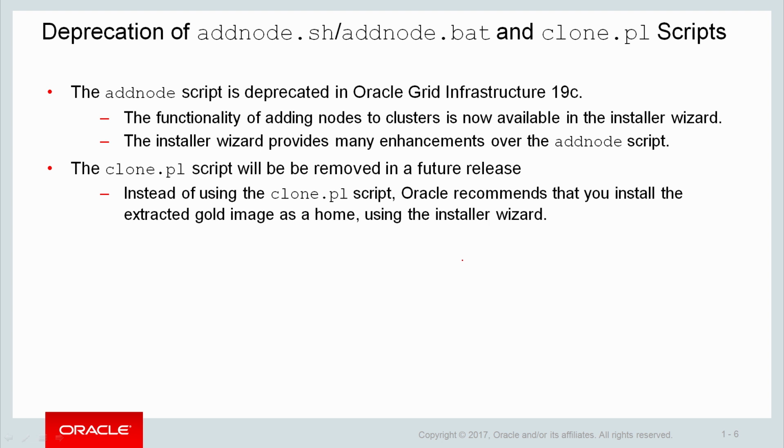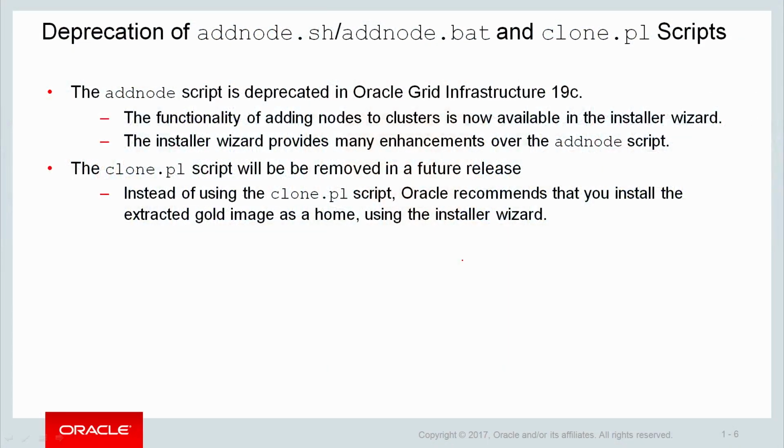Now the clone.pl script will also be removed in future releases. Clone.pl allowed you to create an image of your Oracle home and then copy that image to a new machine. Instead of using the clone.pl script, Oracle recommends that you install an extracted gold image as a home using the install wizard.